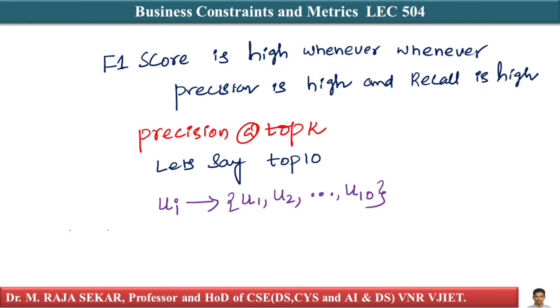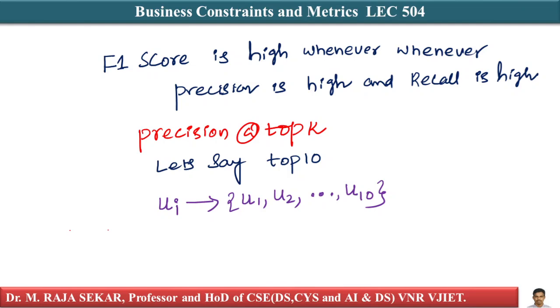There are multiple metrics here which make sense. As far as this case study is concerned, we will be using F1 score, but we could be using precision at top K also. So the business constraints: no low latency requirements.